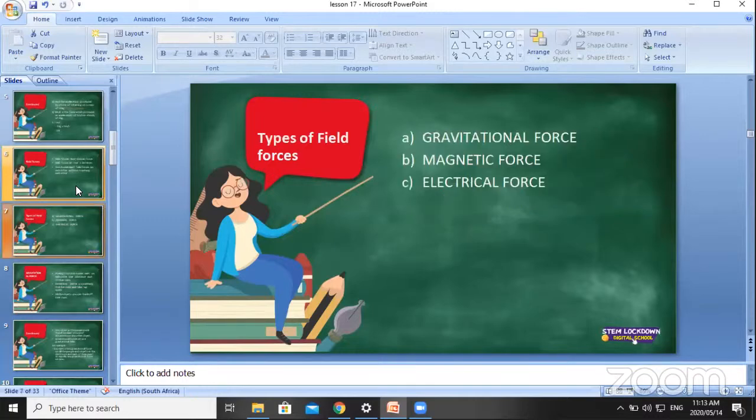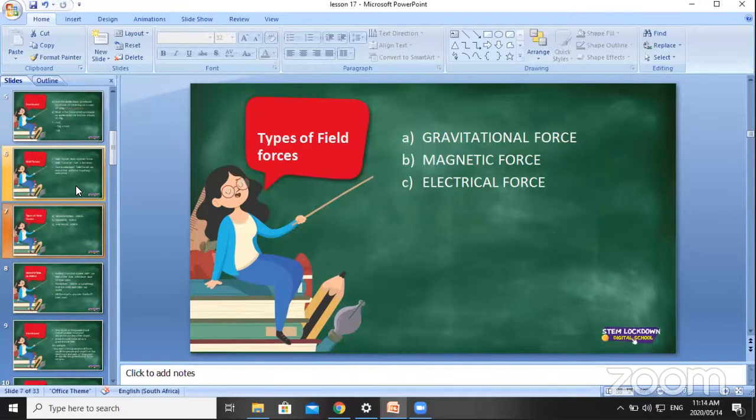So types of field forces, we've got 3, grade 9s. Remember yesterday we said we also have 3 types of contact forces: tension, compression, and friction. Those are contact forces. Field forces are non-contact forces.